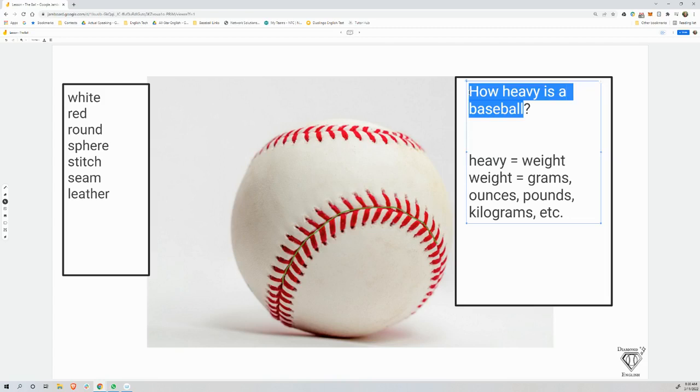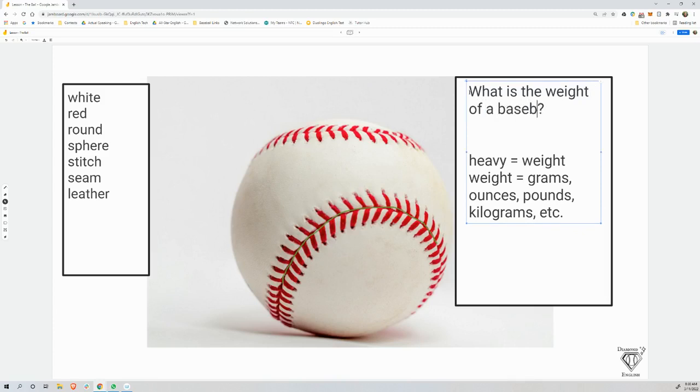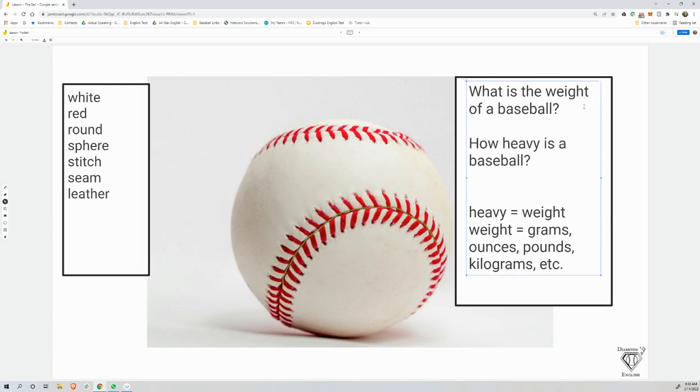If we want to use weight, we don't say how heavy. We say what is the weight of a baseball? Or how heavy is a baseball? 1, 2, 3, 4, 5, 6, 7 words. 1, 2, 3, 4, 5 words.